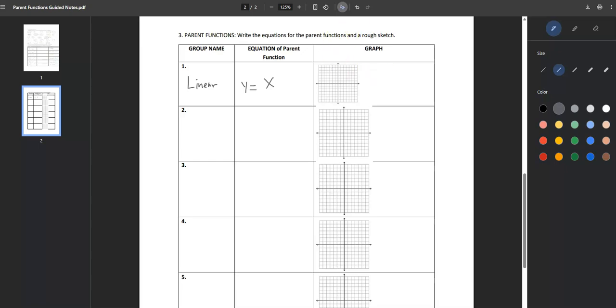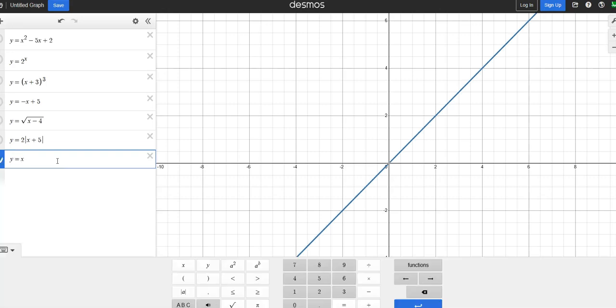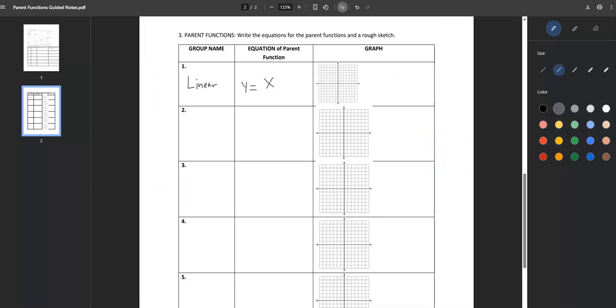Okay, so again, if we were to go back into here and just graph that y equals x, it's going to form this nice straight line that goes right through the center of 0, 0, and that's what we're looking for. Okay, so again, the graph is going to go right through here, just like so. And that's our parent function. That's the name, the equation, and the graph.